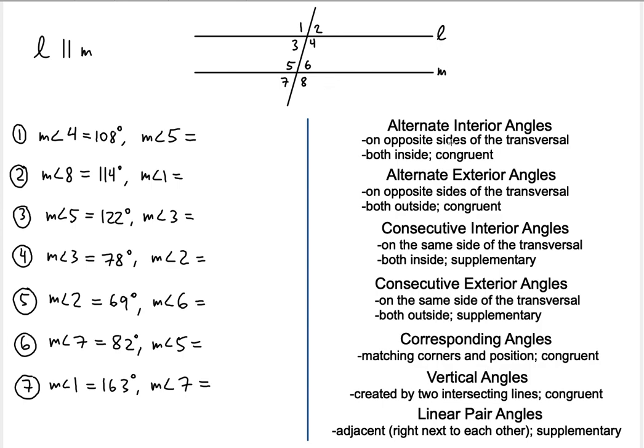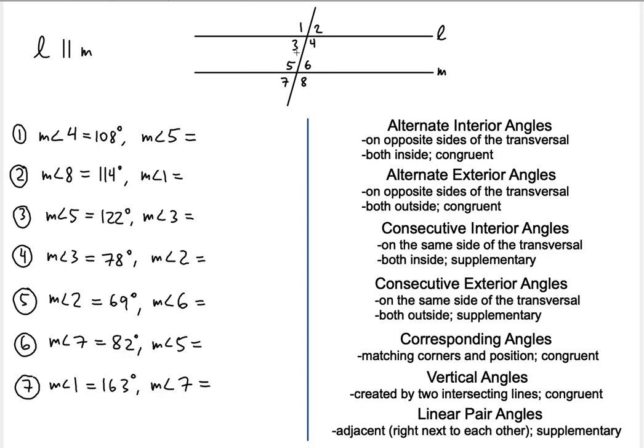So the first one, alternate interior angles. The way to recognize them is to notice that this pair will consist of angles that are on opposite sides of the transversal. So 7 and 5 cannot be alternate interior angles, 3 and 5 cannot be, 1 and 3 cannot be, right?